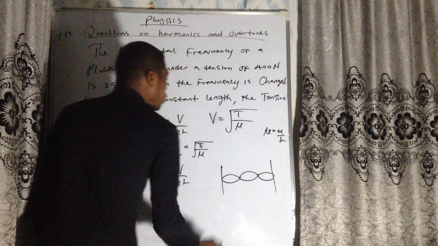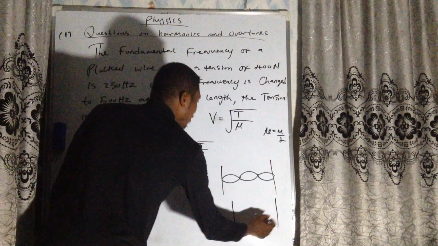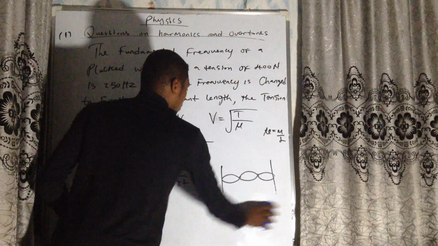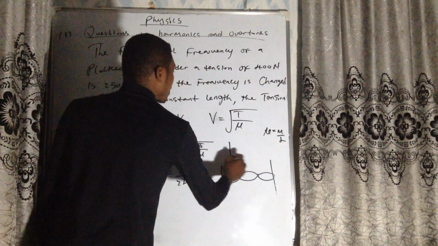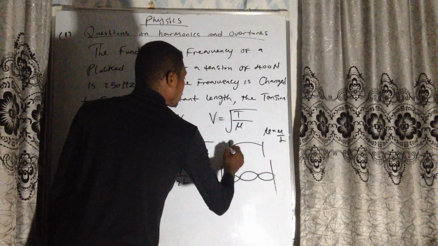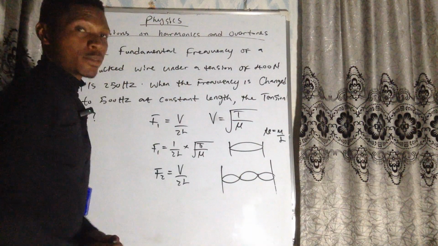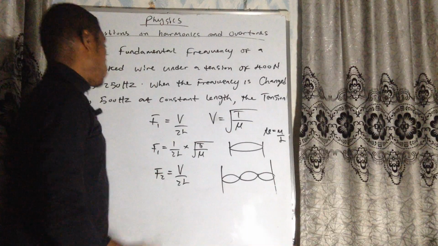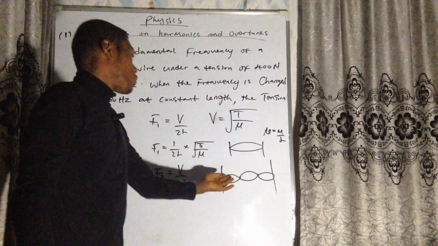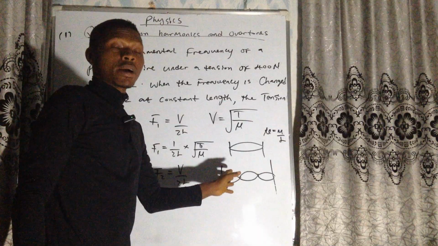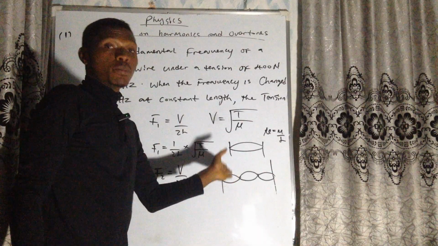You see it now. So remember that this is the fundamental frequency. Let me draw this thing here. This is the fundamental frequency, remember. So the wavelength here and the wavelength here, they are not the same. Do you understand? So we are considering a part of this mode of vibration, the smallest part of the mode of vibration.